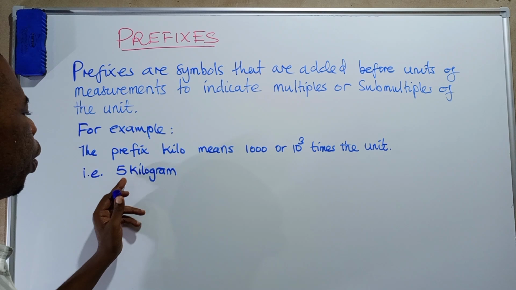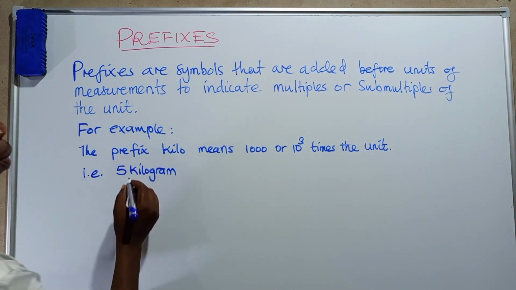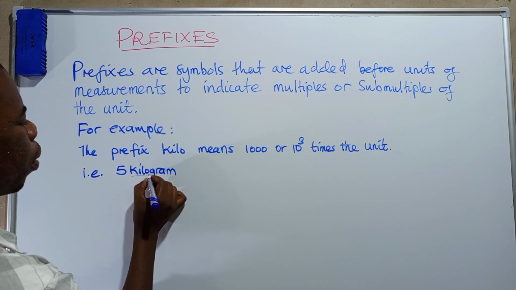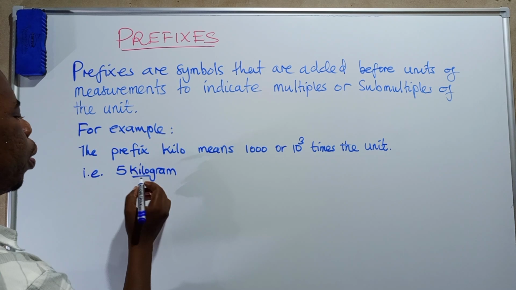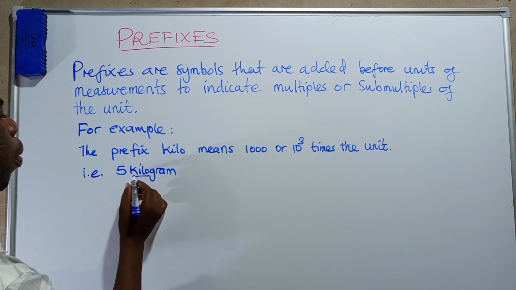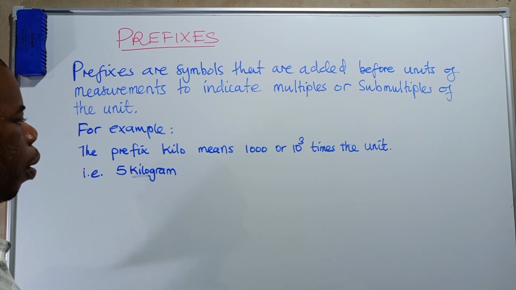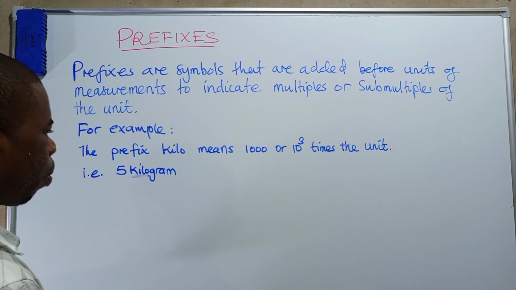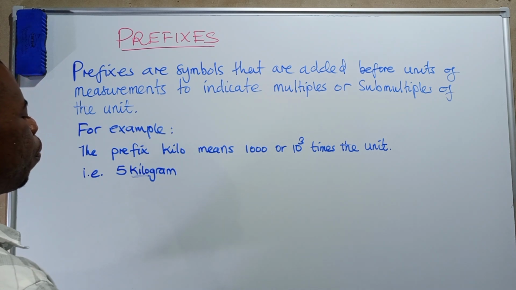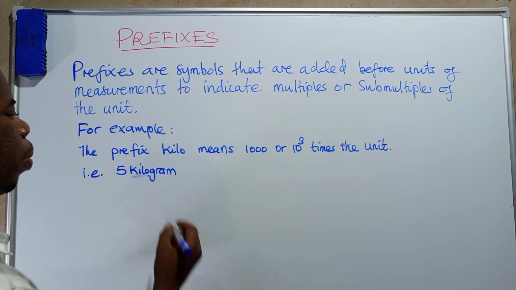In this measurement, the kilo is a prefix which just indicates how much that unit is multiplied by.